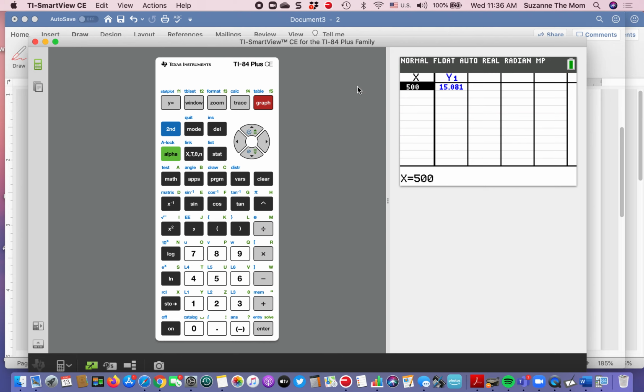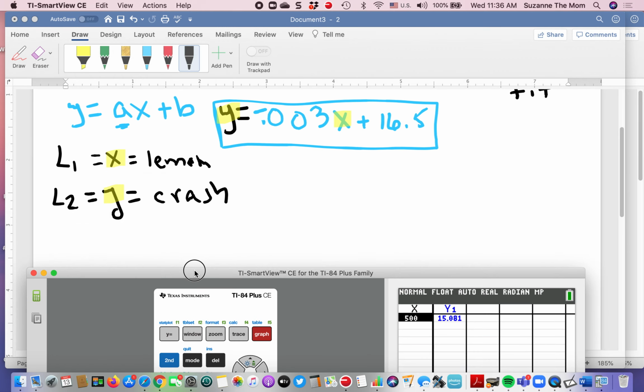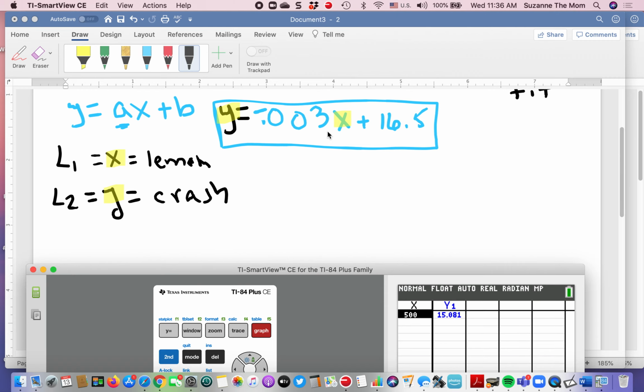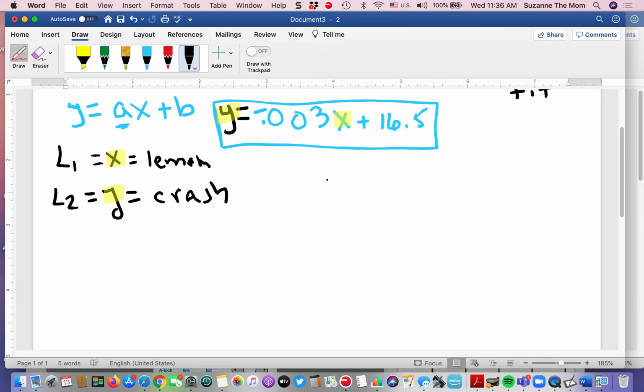Now, one more question. What if we wanted to use this the other way around? So I have this line of best fit, but instead of plugging in 500 lemons to find the crashes, what if I want to work in the opposite direction? Well, that's fine also. Let's make up a number. Maybe now we want to say there will be exactly 17.2 per 100,000 crashes.